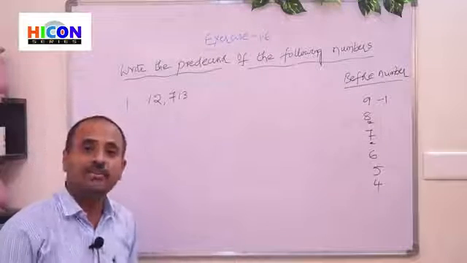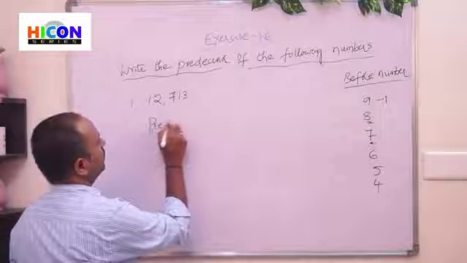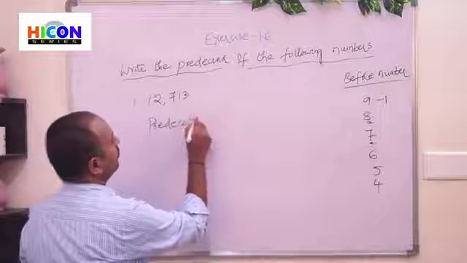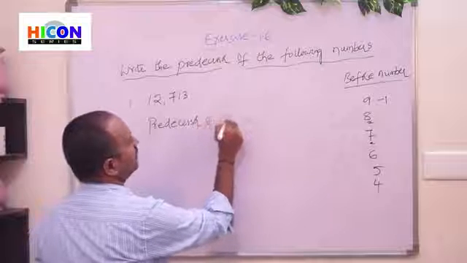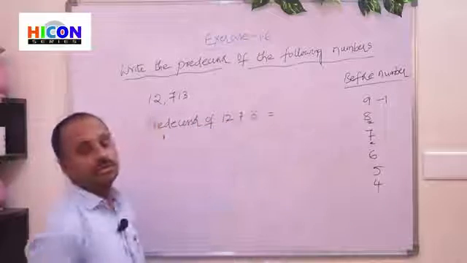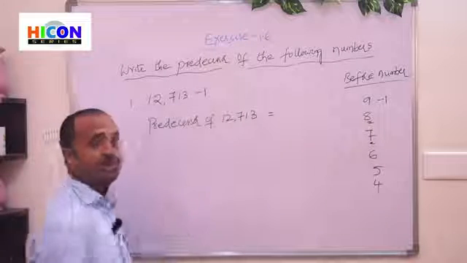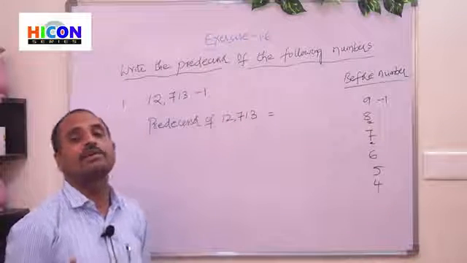It can be obtained by subtracting 1 from the given number. So the predecessor of 12,713 is equal to, subtract 1 from the given number.